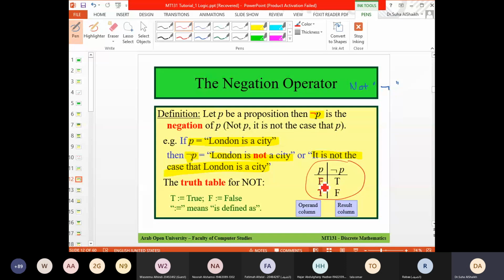If P is false, the negation of P will be true. If P is true, the negation of P will be false. This is what we call the truth table, meaning all the possible outcomes that we have. P can be false or true, and the negation will be true or false. Okay? Of course you know that T means true and F means false here.